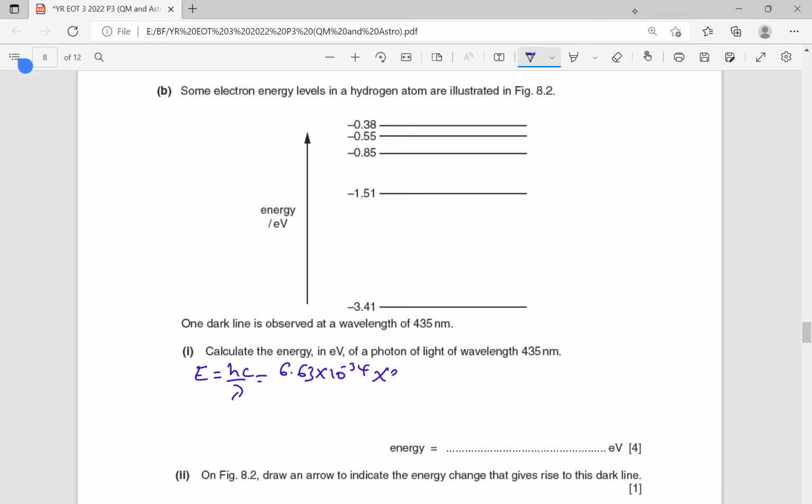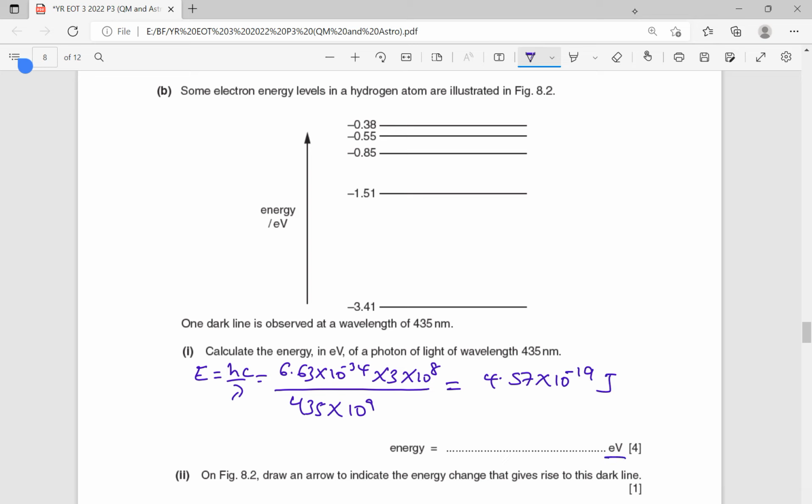This is 3 times 10 power 8 divided by the wavelength, which is 435 times 10 power negative 9. When you press your calculator, this gives you 4.57 times 10 power negative 19 joules.